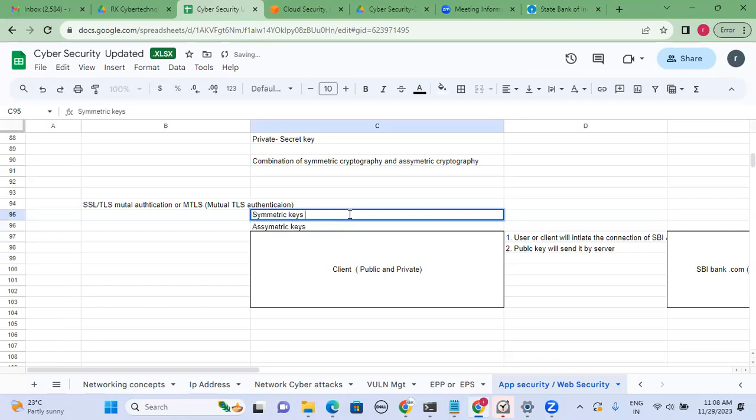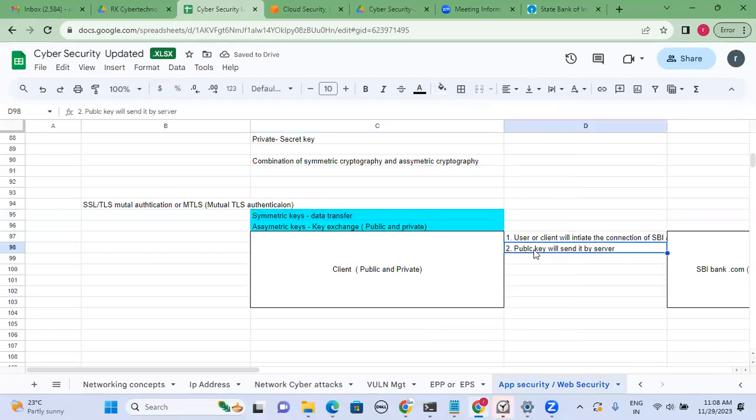Symmetric keys are used for data transfer, and asymmetric keys are used for key exchange, meaning public and private keys. In hybrid cryptography, we use a combination of both. The public key is sent by the server; that is the key exchange.